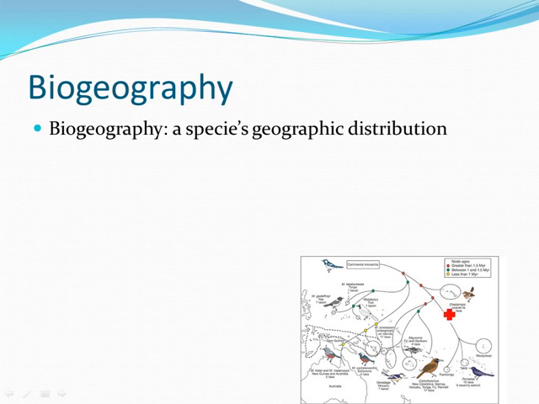You'll notice how they went to different islands and became new species on these islands because they were separated for long periods of time. This shows how this ancestral bird produces all these different species.